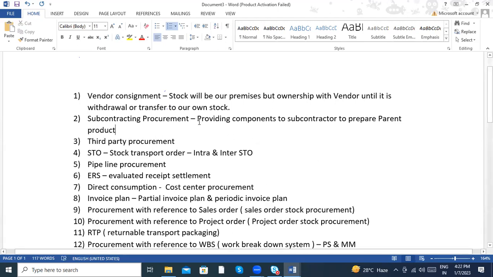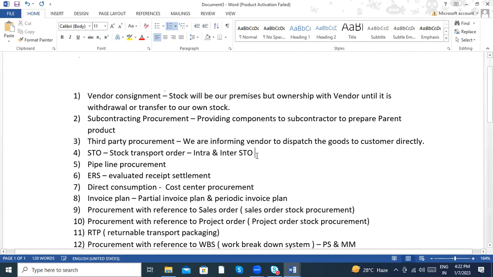I'm just giving simple words. Third party procurement process: we inform the vendor to deliver the dispatched item directly to the customer address.